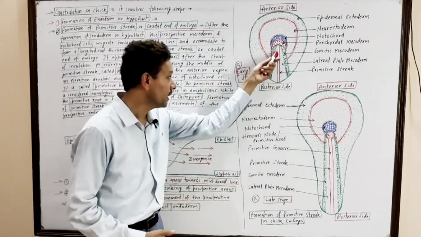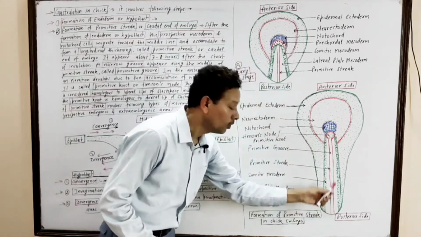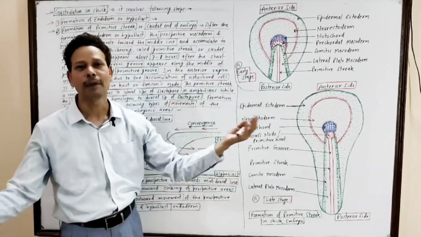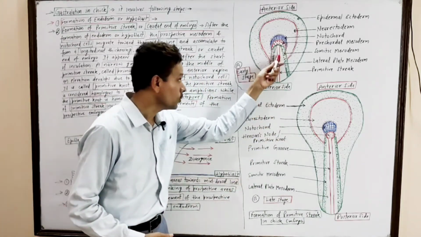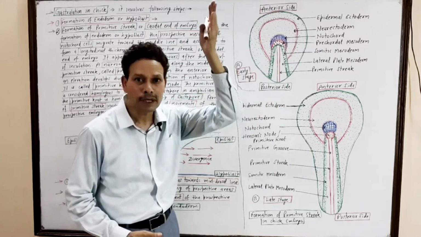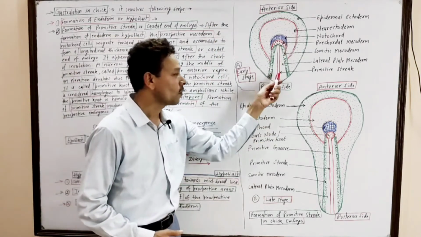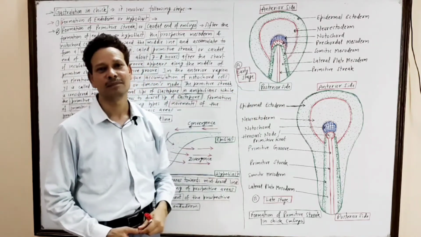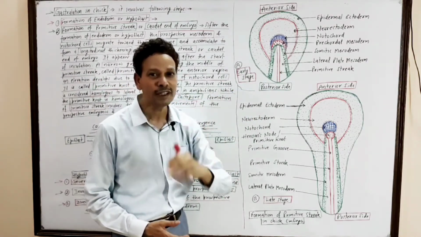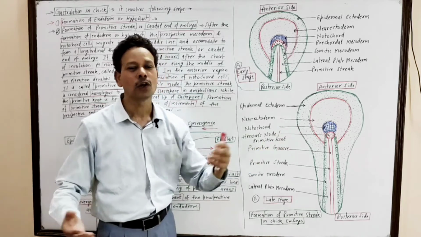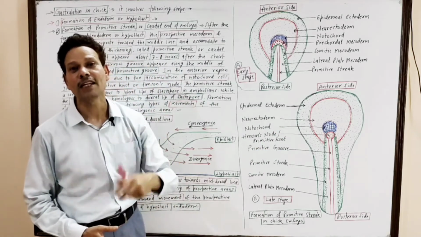As a result, a longitudinal thickening appears in the center line, midline of body, that is called primitive streak. And this primitive streak represents the caudal end of embryo. It is the tail region of embryo.